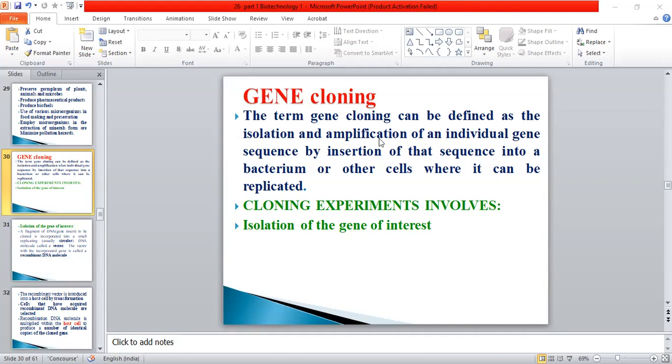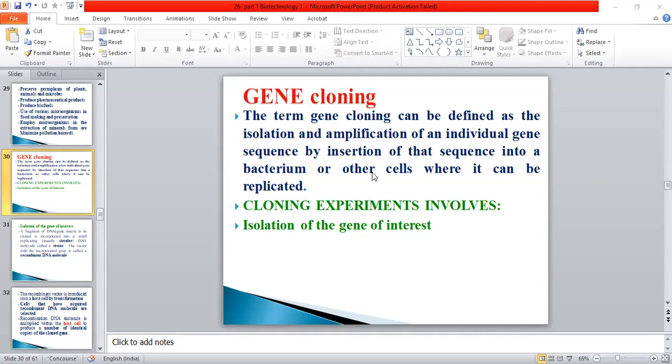Amplification of an individual gene sequence is done by inserting that sequence into a bacterium or other cells, maximum bacteriophage.